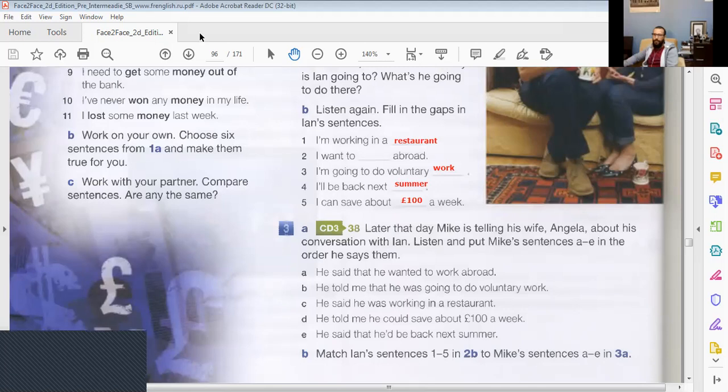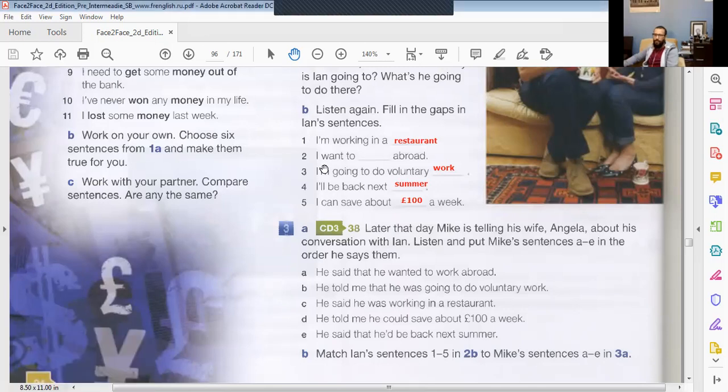Track 37. Ian! Ian! Oh, Uncle Mike! Hi! Well, congratulations! After 6 years of study and training, you're finally a lawyer. Wonderful news. Thanks. It's always good to have a lawyer in the family. Why? Are you planning a life of crime, Uncle Mike? Oh, no. Not yet, anyway. So, are you looking for a job? I've already got one. Oh, that's good. Yes, I'm working in a restaurant. A restaurant? Yes, I'm a waiter there. A waiter? Yes.